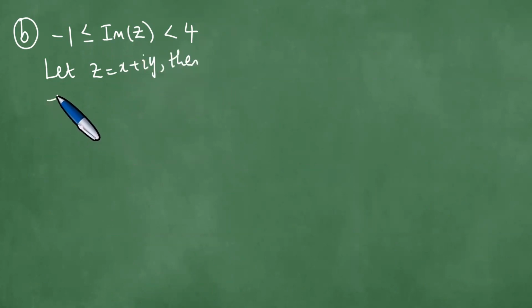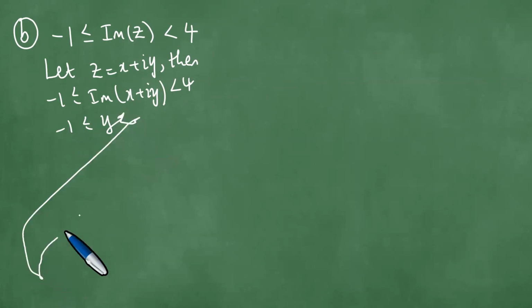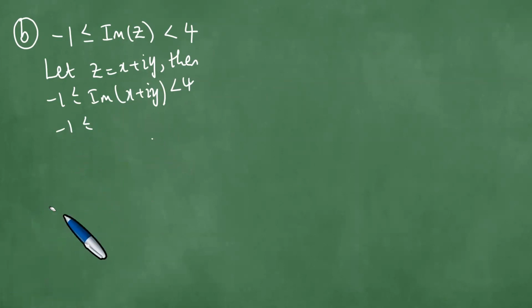Then we have -1 is less than or equal to the imaginary part of Z, and the imaginary part is Y. So it's the same as the imaginary part lying between -1 and 4.